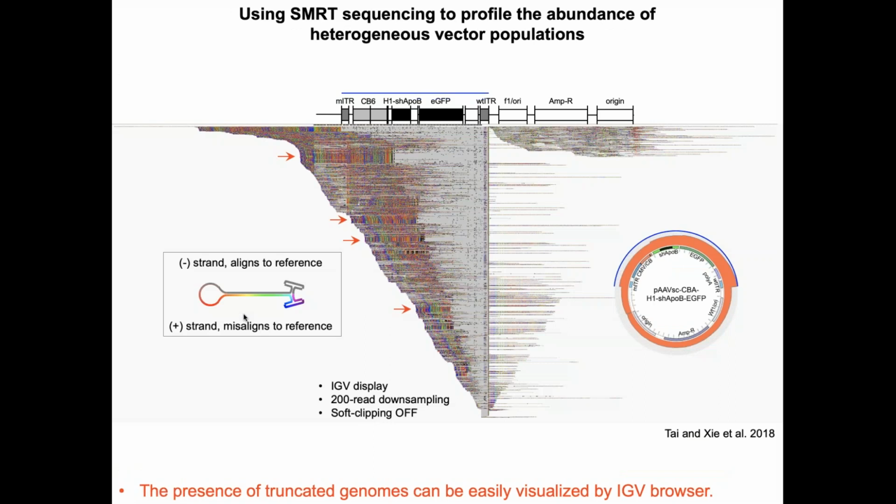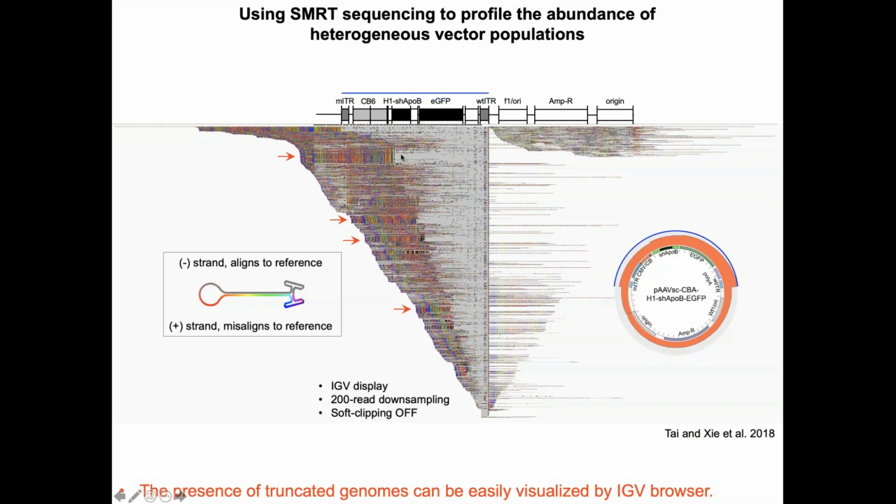And so utilizing this methodology, we were able to show that indeed the vector genomes that are packaged into particles are very heterogeneous. What I'm showing you here is an IGV display of individual reads that are aligned to a self-complementary vector genome reference, shown as an example.